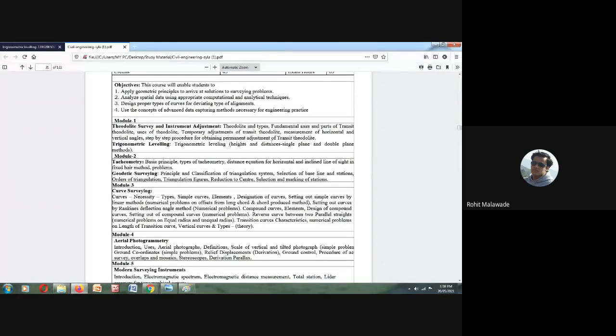A new timetable will be circulated to you. Classes will be on Monday, Tuesday, Wednesday, and Thursday. Friday we are actually having the class, but we are not going to take the class on Fridays from next week onwards. So Monday to Thursday we will be having the classes for advanced survey, right?